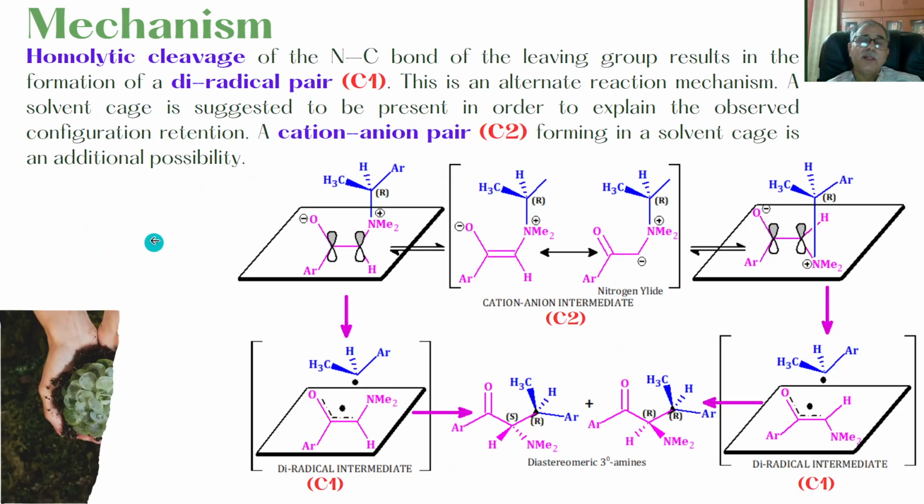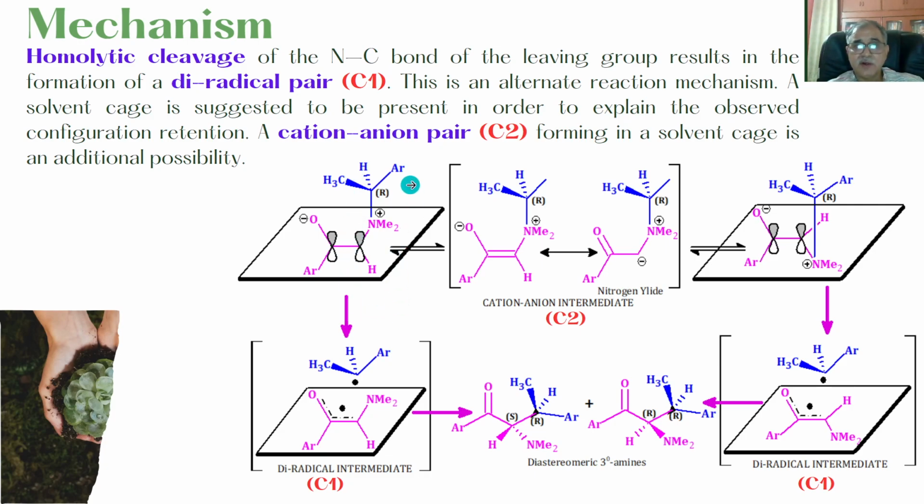Therefore, the mechanism which has been accepted is that the quaternary ammonium salts, by abstraction of proton, undergo homolytic cleavage of the nitrogen-carbon bond, wherein a 1,2 shift will take place.